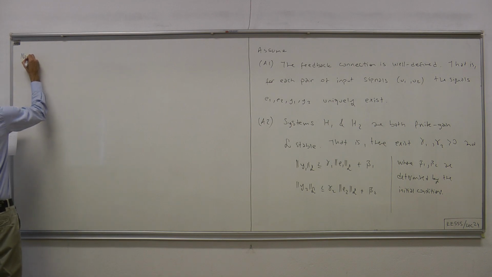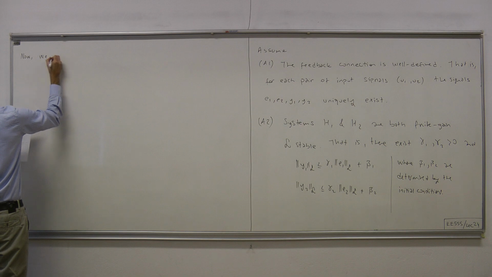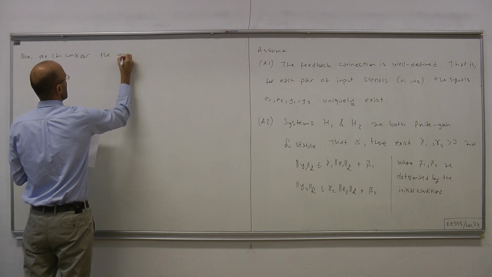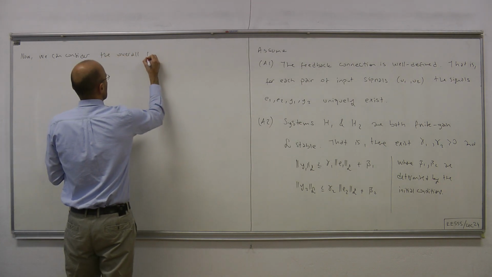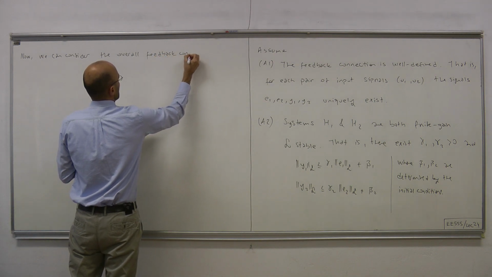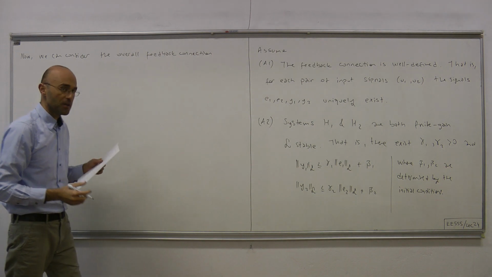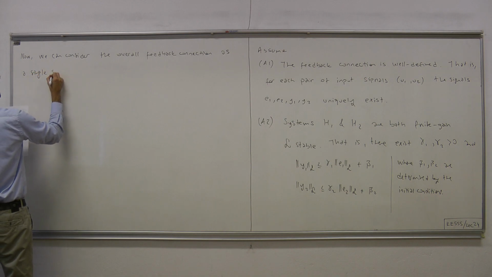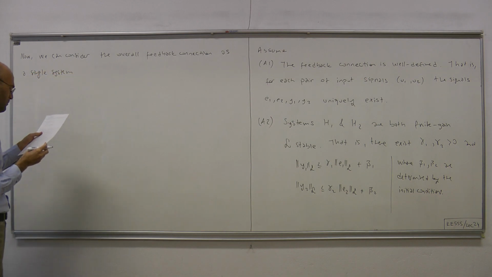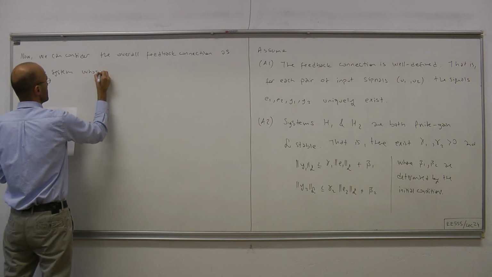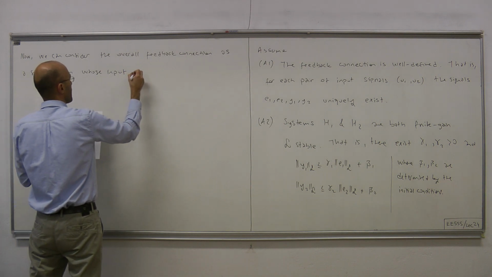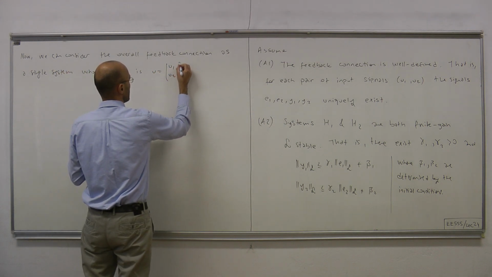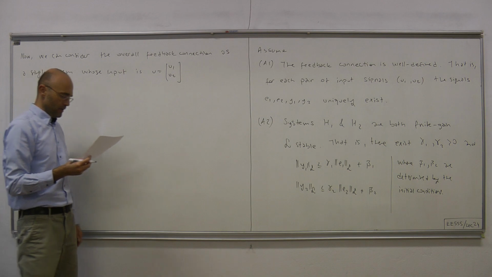Now we can consider, and we will consider, the overall feedback connection as a single system whose input we take to be U, which we define as this vector, U1 and U2.